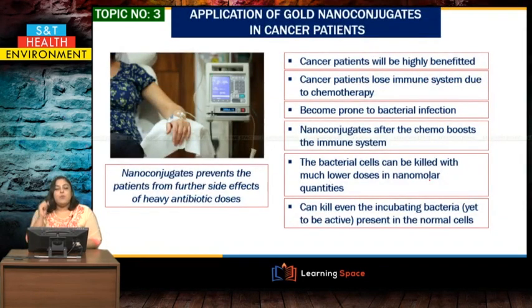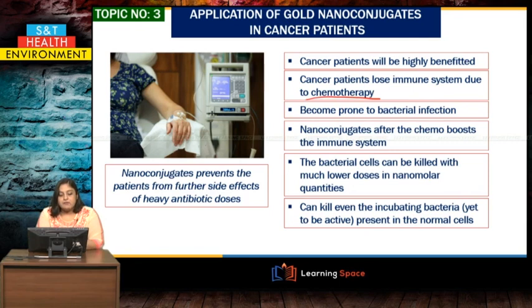Okay. So where is it applicable? It is applicable in cancer patients. Nanoconjugates are used because in cancer patients it is widely regarded as a very good medicine, and the researchers from IIT Delhi are using the same technique for cancer patients. So let us check why cancer patients need them. Cancer patients undergo chemotherapy.